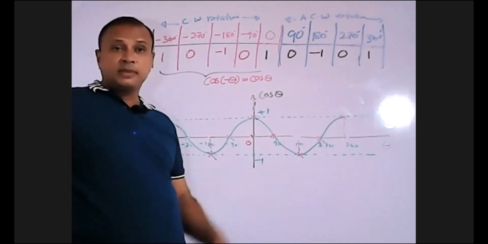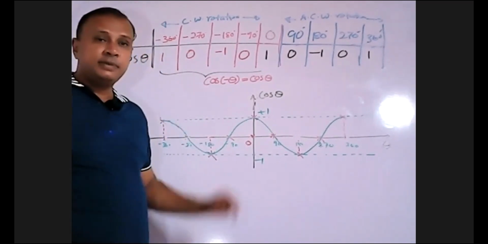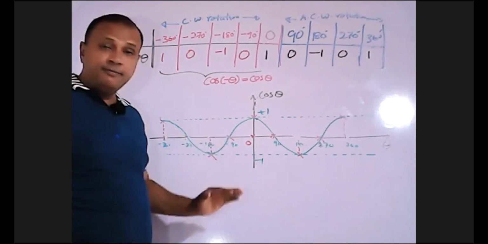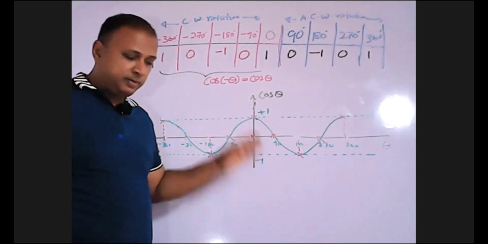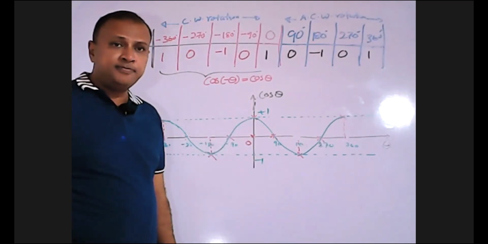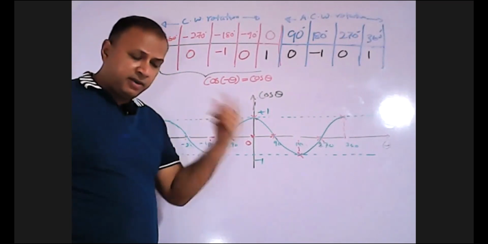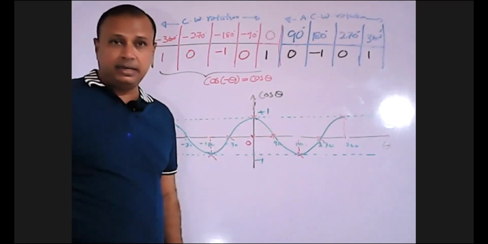After that, we have discussed sine and cos curves. Those are very important lessons in trigonometric functions, because this will be used in our waves and simple harmonic motion theories.